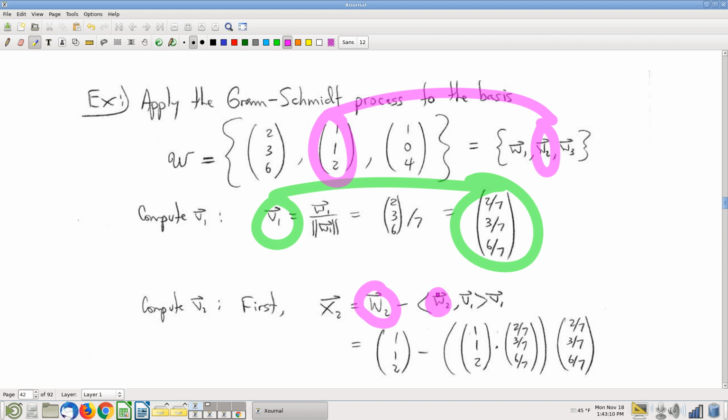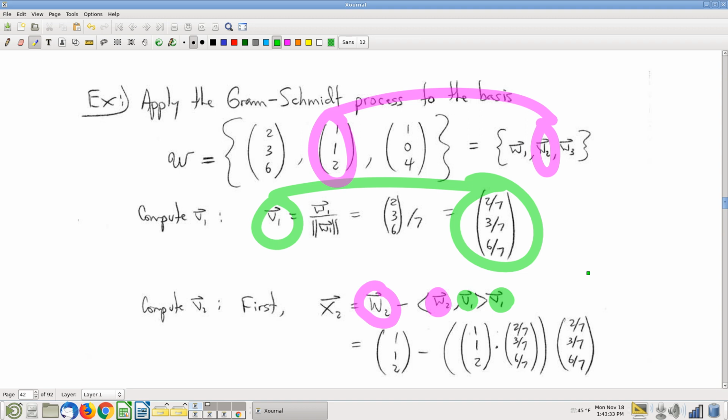So taking the vector we're trying to fix, looking at its component in the V1 direction, that much of V1, that's how much it's pointing in the wrong direction. This is the part of W2 that's a problem. So let's subtract from W2 the part of W2 that is a problem.